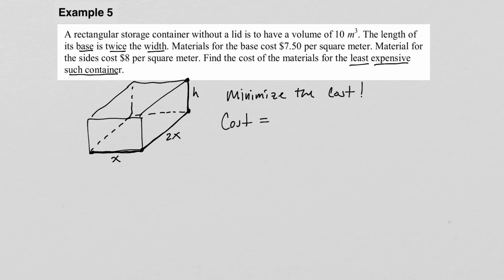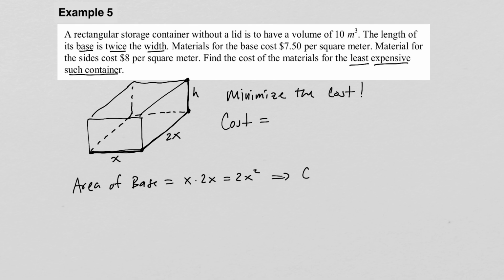So we have to break that up into two parts. We need to find the cost of making the base, and then we need to find the cost for making the sides. So the base is right here, and we know the area of that base is equal to x times 2x, which is 2x squared.